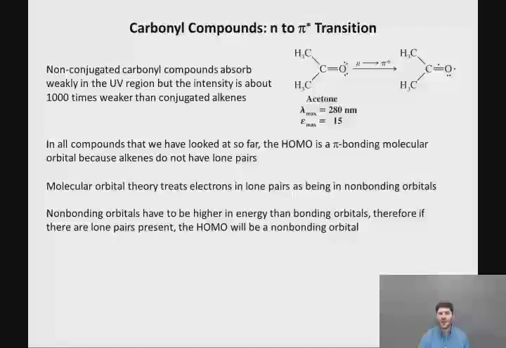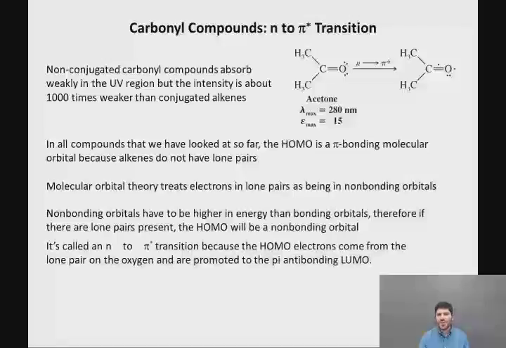So if there are lone pairs present, and therefore non-bonding orbitals exist and are occupied, the HOMO will be a non-bonding orbital. So the transition then is called an n to pi star transition.